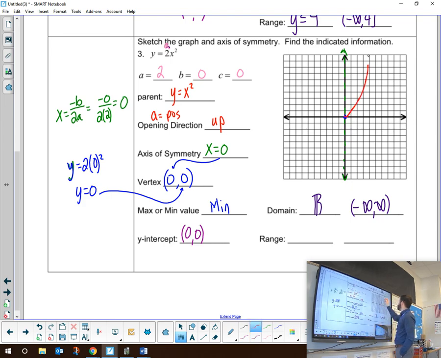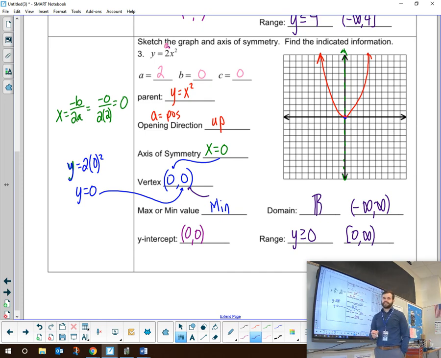We're going to open up this direction and up this direction. My range is going to be, well, we have a minimum, so we're going to do everything above that minimum. So I'm going to go y is greater than or equal to, my minimum is 0. So y is greater than or equal to 0, or 0 to infinity.